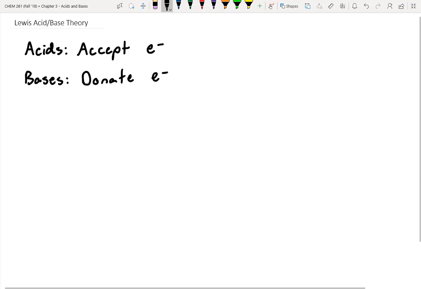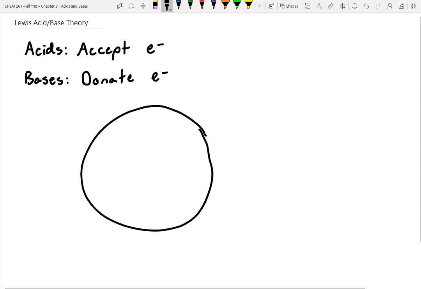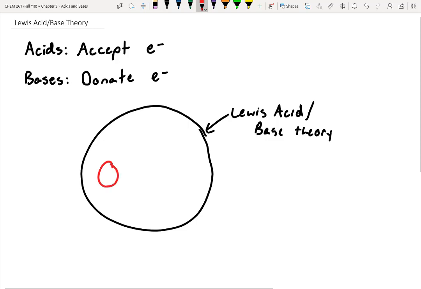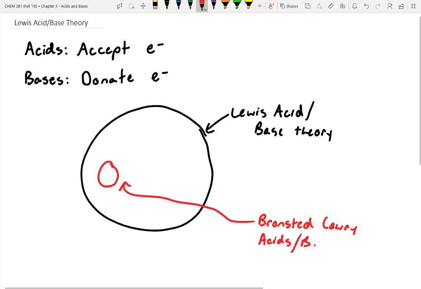And if we think about Lewis acid-base theory as being in this field of knowledge, a little nugget of this, or some subset of this, will still be Bronsted. So really, Lewis acid-base theory is much, much bigger.